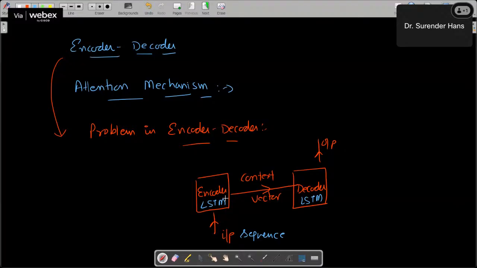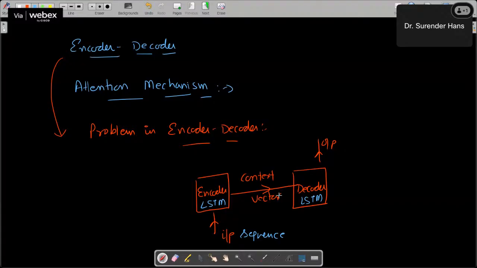We send this compact representation to the decoder, and the decoder, after looking at this context vector, or this summary of the input sequence, prints your output sentence on a step-by-step basis.